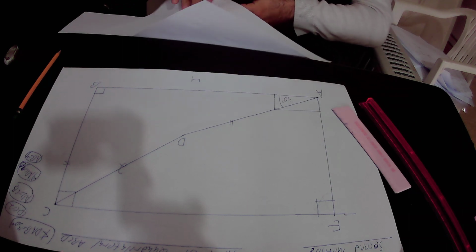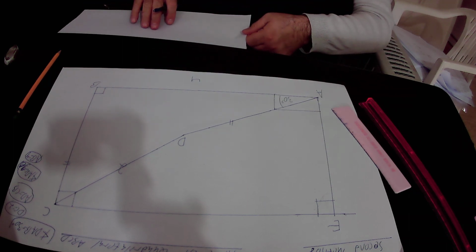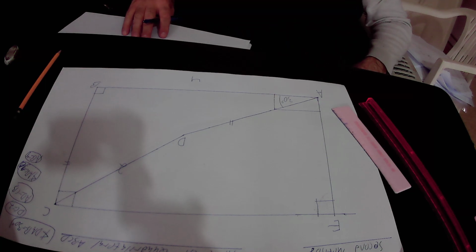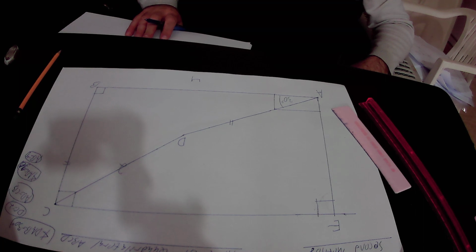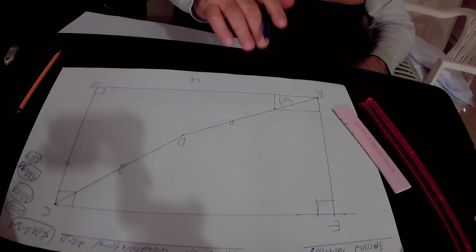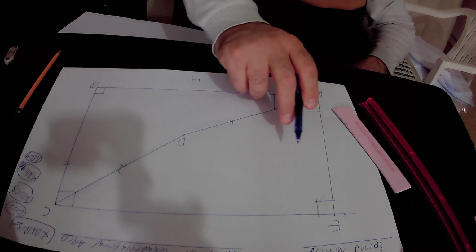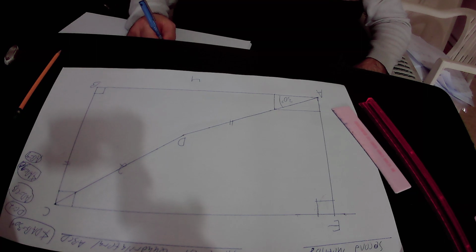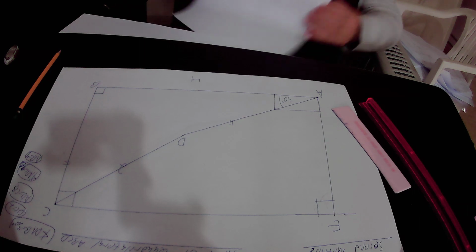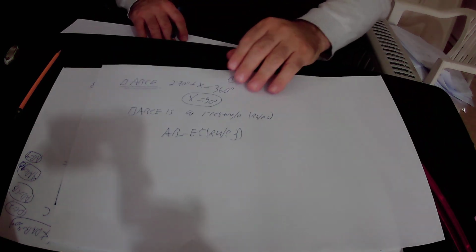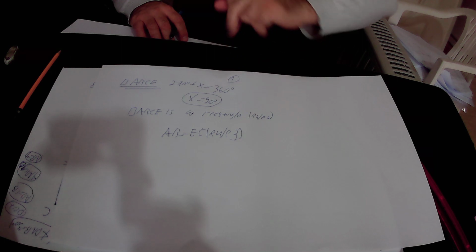And according to rule number 3, the opposite sides of a rectangle are equal to each other. That is to say, the opposite sides of rectangle ABCE are equal to each other. That means that AB equals EC according to rule number 3.